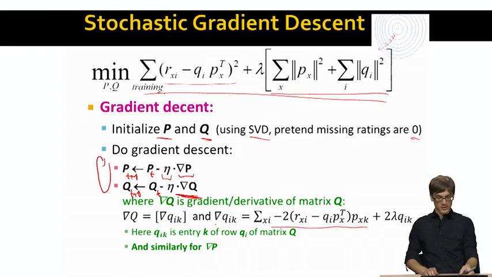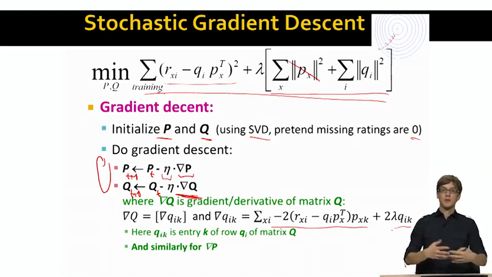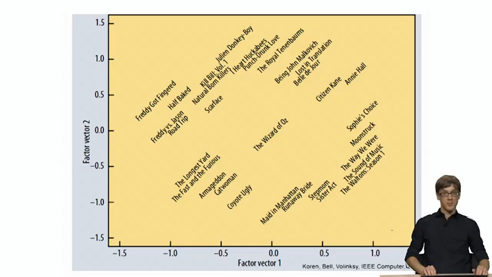Because I'm taking the derivative, for example, here with respect to Q, P is just a constant, so there is nothing to take for P, and this is what happens for the derivative of Q. And I could compute the derivative in a very simple way also with respect to P, evaluate my derivative over the training data, and make a small step, and keep doing this until we converge. And this way, we would solve the optimization problem.